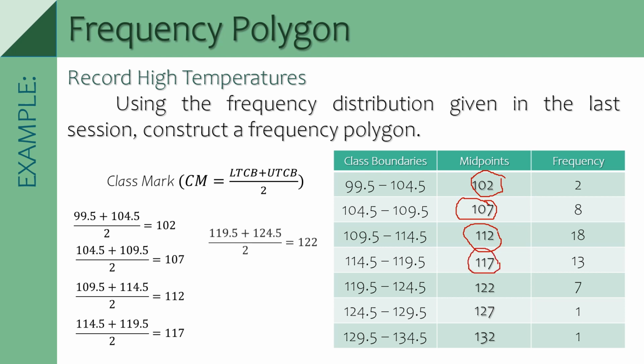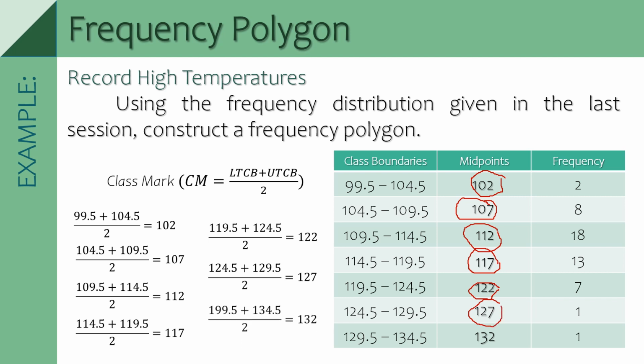Okay, next is 119.5 plus 124.5 all over 2 is 122. Okay, next is 124.5 plus 129.5 all over 2 is equals to 127.